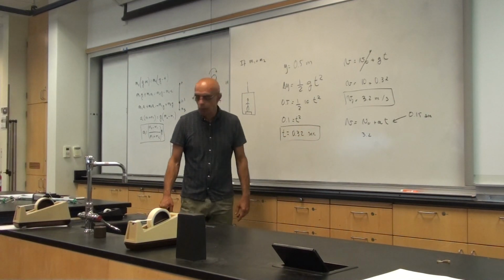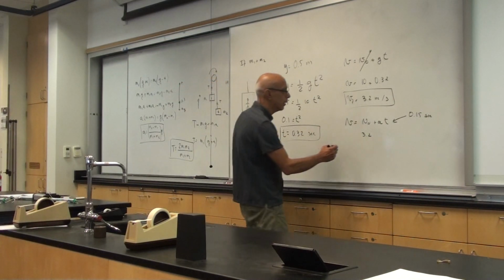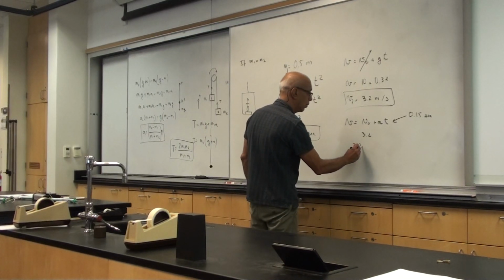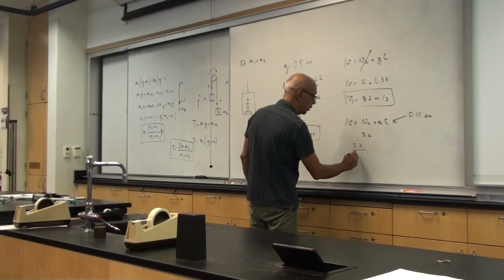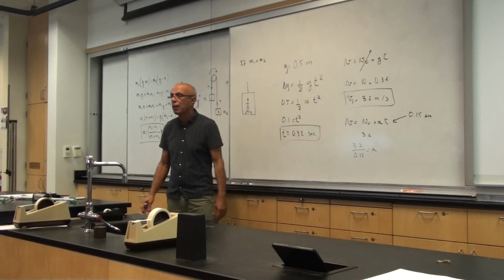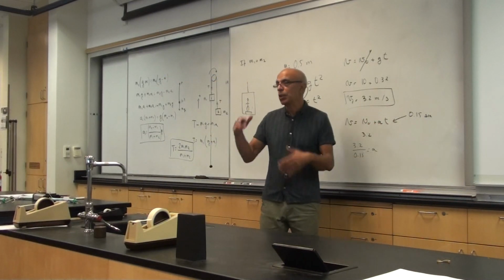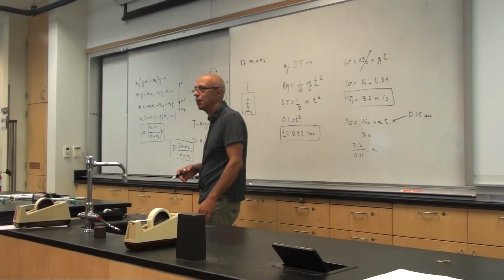So what's going to be this? It's going to be 3.2 divided by 0.15. That's going to be my A. Wait, Professor, where do we get the 0.15 from? I'm just assuming, guessing, right?